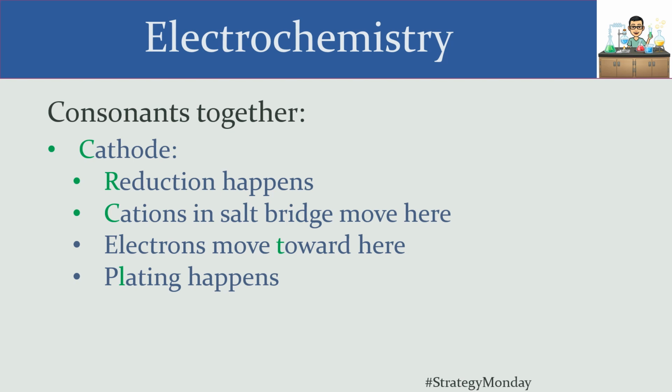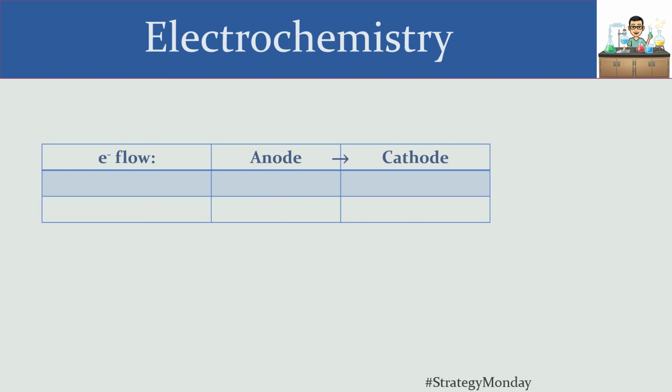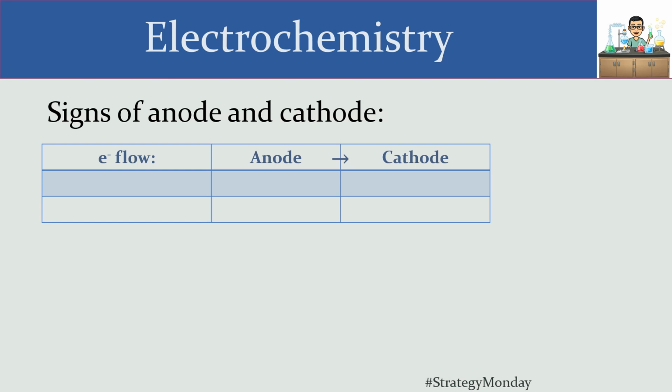Now, a good thing to bring up is the sign of the anode and the cathode. Let's remind ourselves that electron flow is always from anode to cathode. We have two different types of cells to look at: spontaneous cells and non-spontaneous cells.